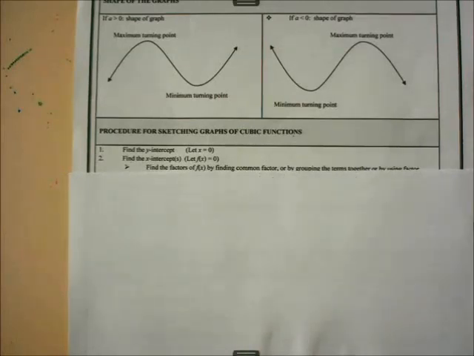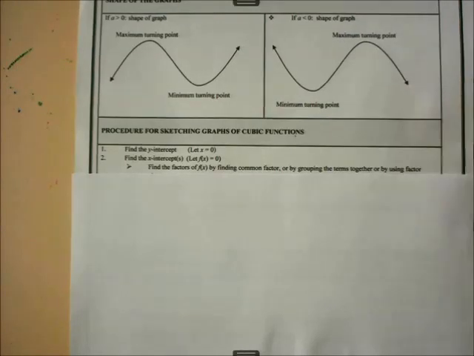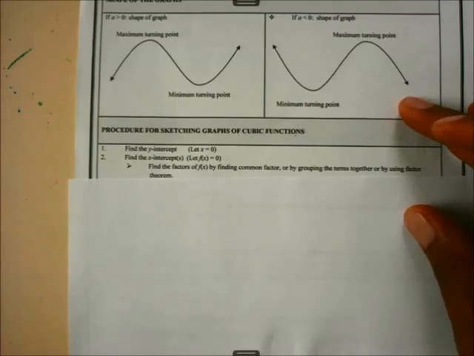Always remember, we say the same thing with the quadratic equation: finding the common factor first, or if possible, by grouping the terms together. There are 4 terms. If you group them together, sometimes you are able to take out a common factor, right? Of course, if that doesn't work, you'll have to use the factor theorem.